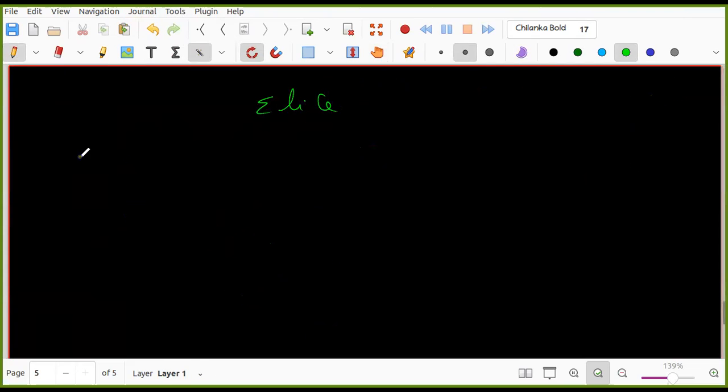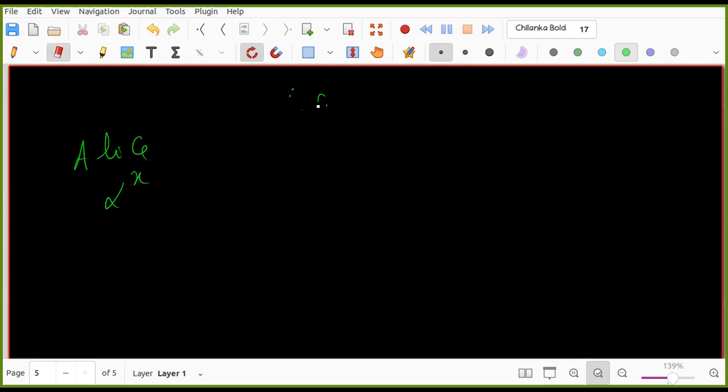Okay, let us see. Alice is sending alpha power x. But what does Eve do? Can you guess? Alpha is public, so she will compute alpha power z, correct? Bob sends alpha power y.